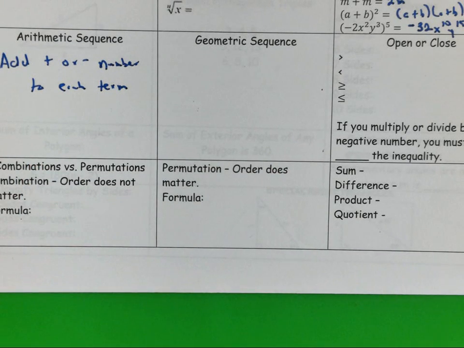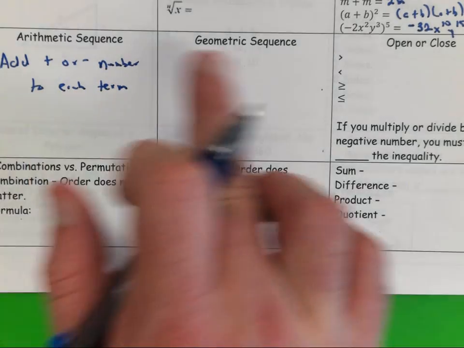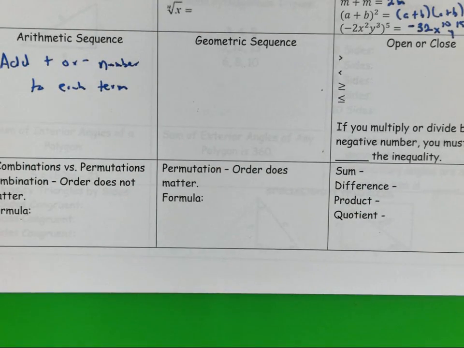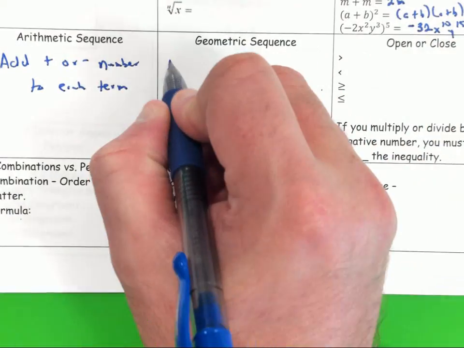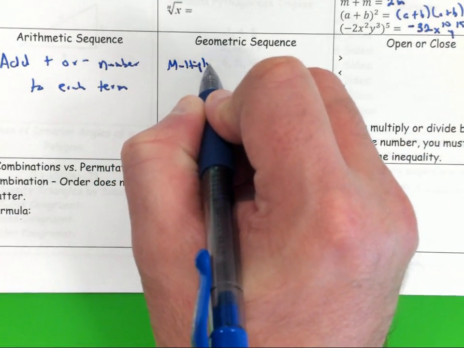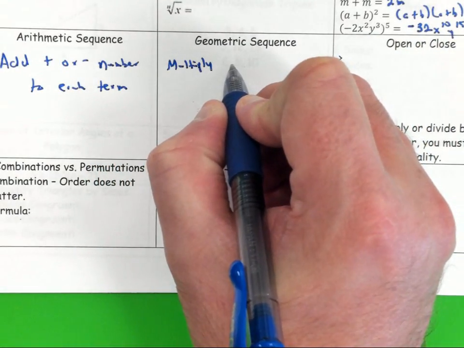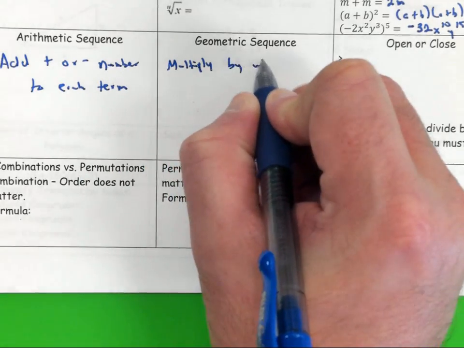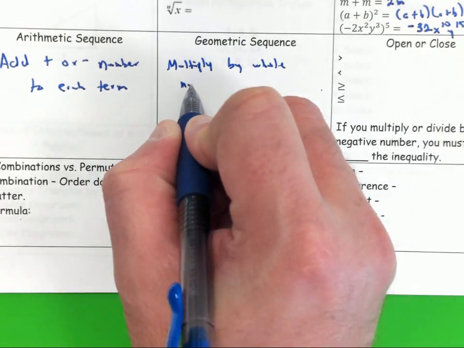What do you think geometric would do? If this adds, geometric would multiply. You multiply by a whole number or fraction.